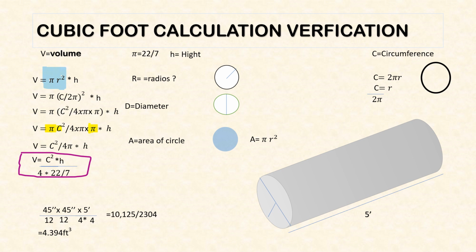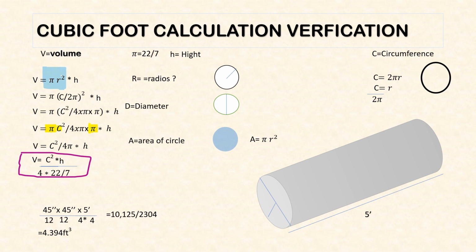So when you apply the same figures that we have discussed in the example, we may write the round as equal to 45 inch. Again this is the formula that represents C squared now.